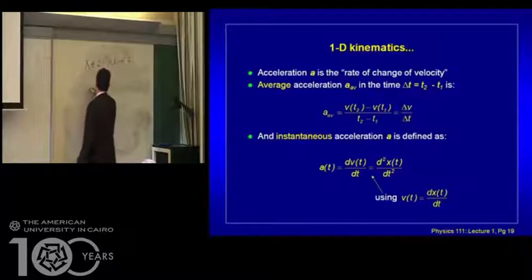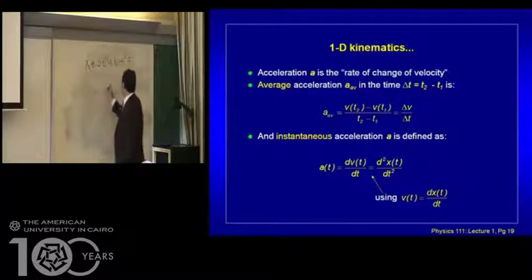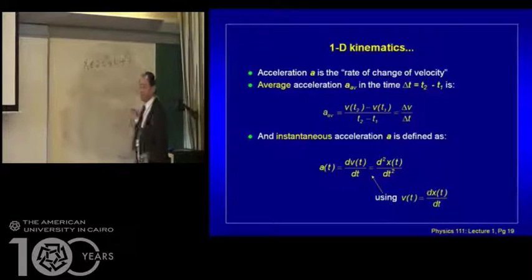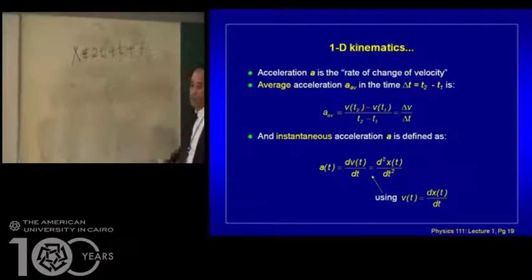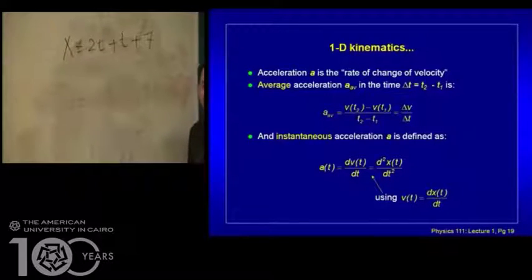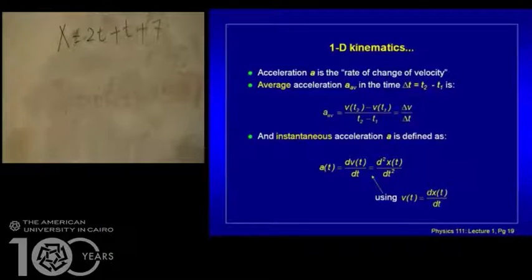So v equals 6t squared plus 1. Am I right? At time equal to 1 second, what is the velocity? 7. At time equal to 2 seconds, what is the velocity? 25.